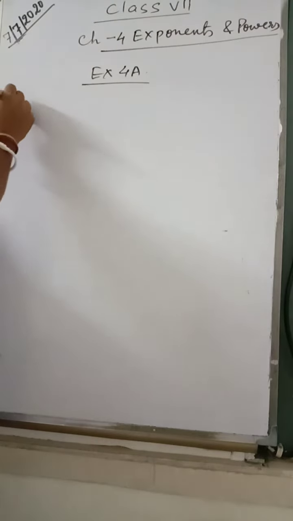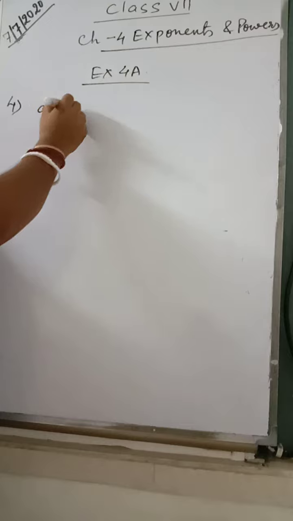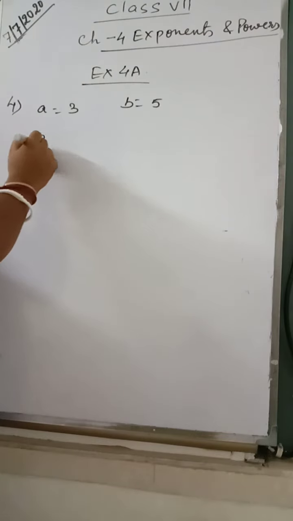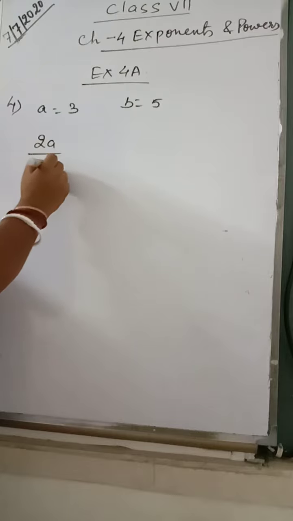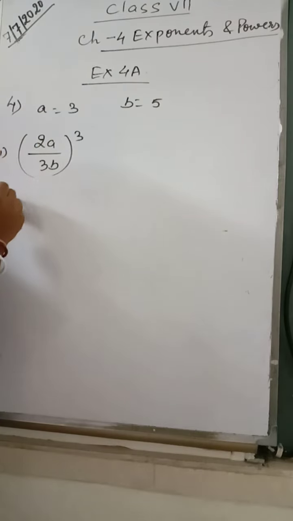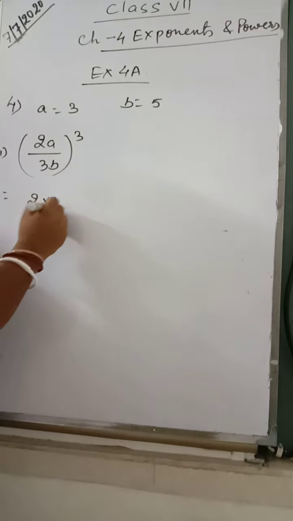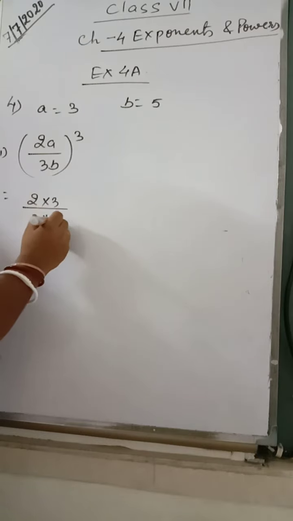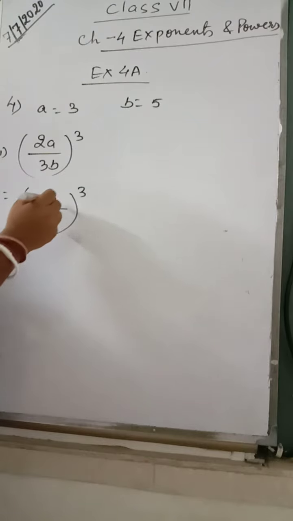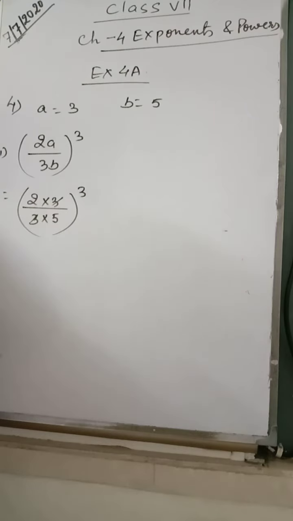It says A is equal to 3 and B is equal to 5. So it is given (2A by 3B) whole cube. Number 1. So it will be (2 into 3 by 3 into 5) to the power 3. Now we can cancel this 3, no problem.